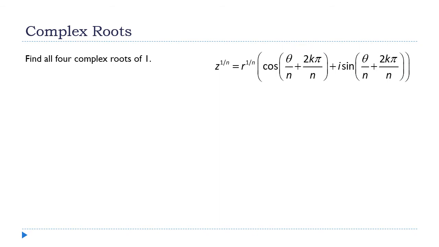Okay, so now this is going back to my original question from the previous lecture. How can we find all 4 fourth roots of 1? So I want to evaluate 1 to the 1/4. Here's how I'm going to do this. I'm going to use my formula and write 1 in its polar form. 1 is 1 plus 0i. So r is the square root of 1 squared plus 0 squared, which is 1.